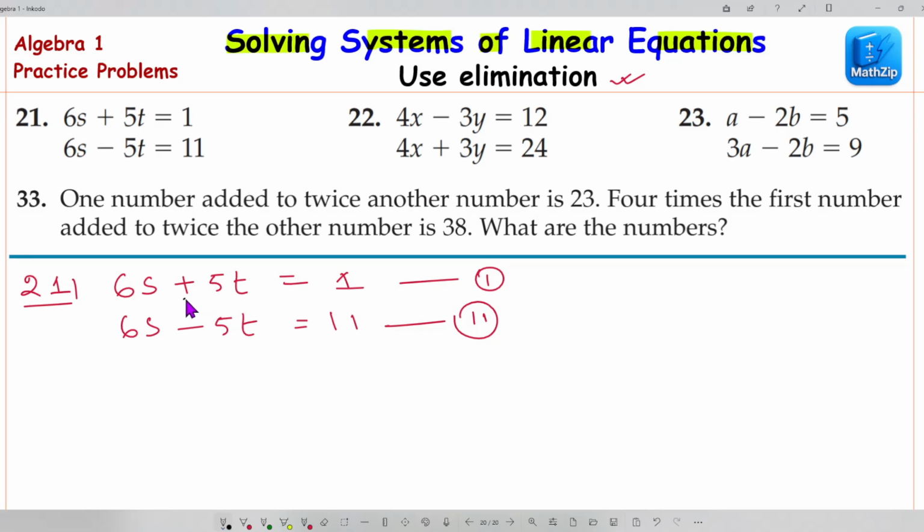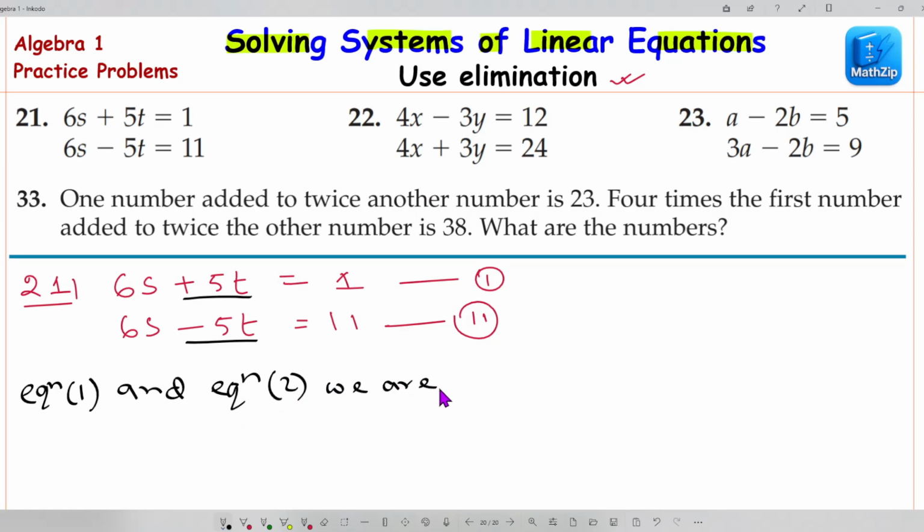Here is plus 5t, here is minus 5t. So equation 1 and equation 2, we are adding, right?